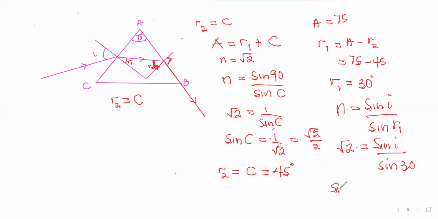Therefore, sine I is root 2 times 0.5. And what's the product of root 2 and 0.5?